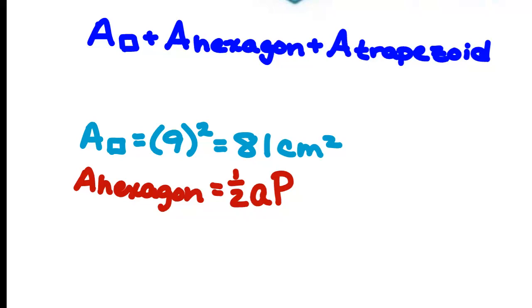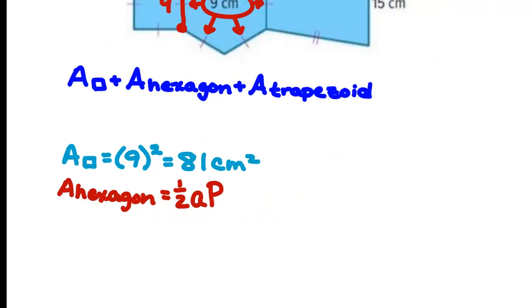Do we have the ability to find the perimeter of the hexagon? Yes. All the sides on that hexagon are how big? 9. All the sides on the hexagon are 9 centimeters long.